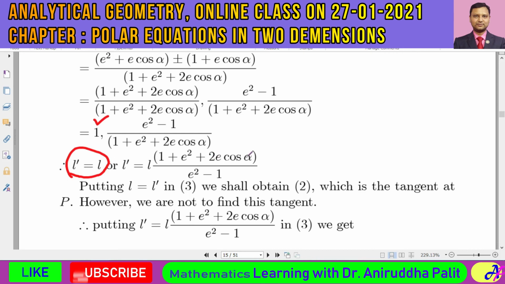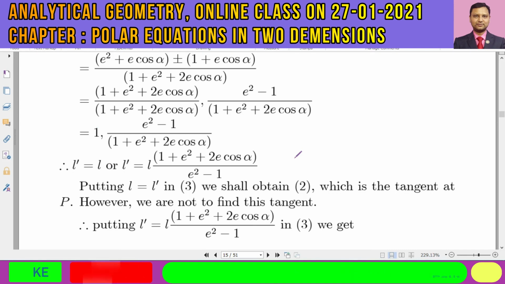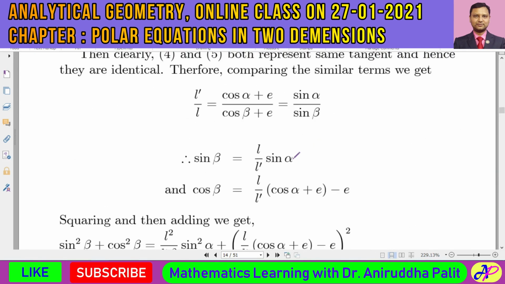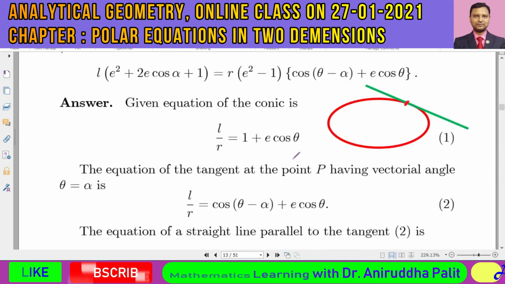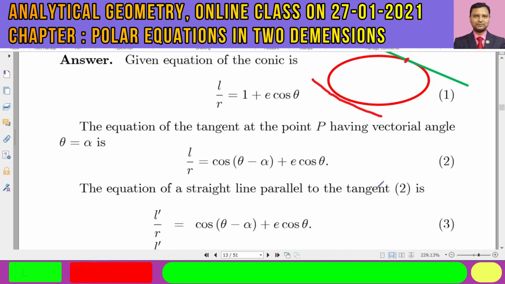Therefore, L can be written in this way. And now if we put the expression of L in equation number 3, then we will be able to compute the equation of this second tangent line. Got it?